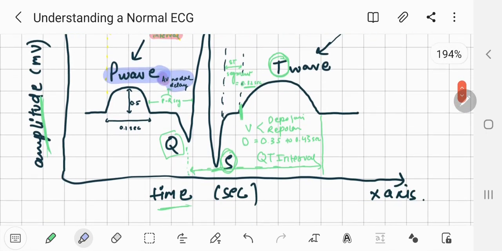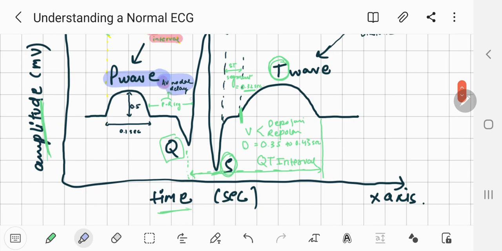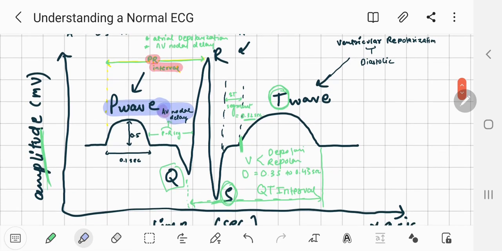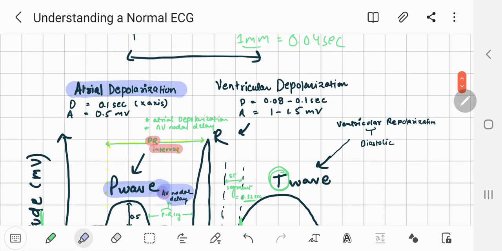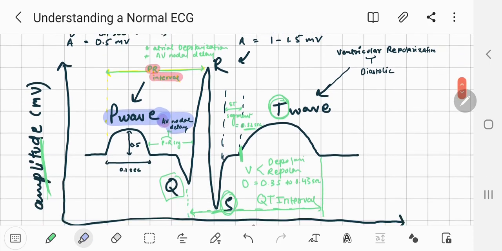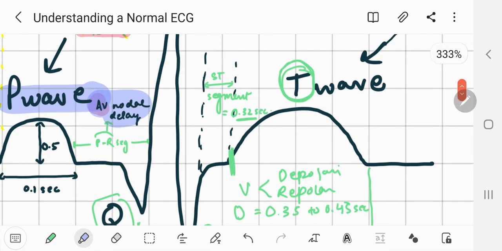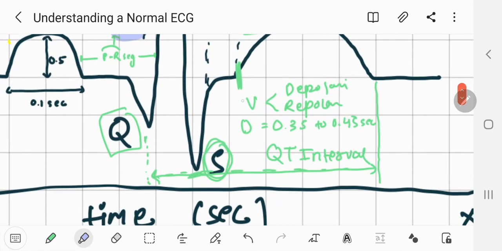Anyways, let's go back here. Now, the next one, when the signals reach the ventricles, then the ventricles start to depolarize. That means ventricular systole starts, and that is marked by the QRS complex. So the QRS complex marks the ventricular depolarization, and after that, ventricular repolarization starts. So the time between the ventricular depolarization and repolarization is marked by the ST segment.